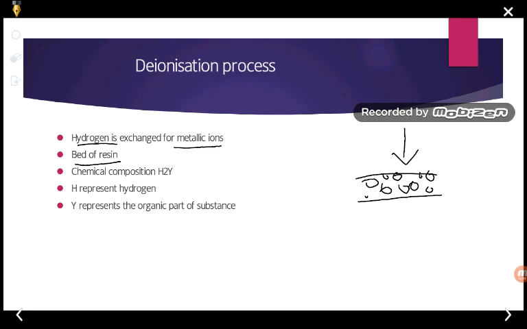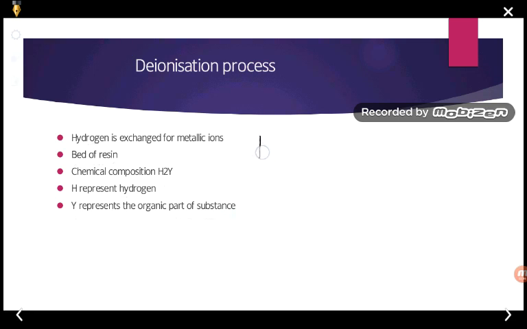The chemical composition of such materials may be expressed as H2Y. What is H? H is represented by the hydrogen ions and Y is represented by the organic part of the substances.